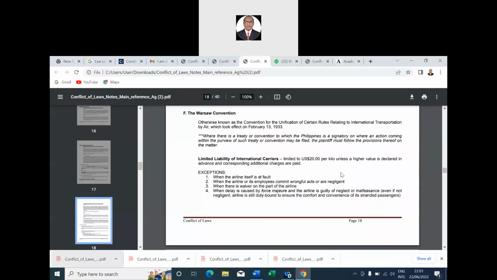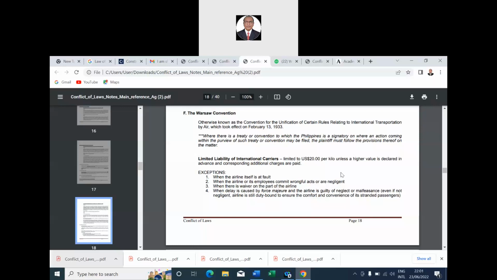So advance and corresponding additional charges are paid when there is an agreement beforehand at the time of booking. Otherwise we get only $20 US per kilo if the goods are lost.